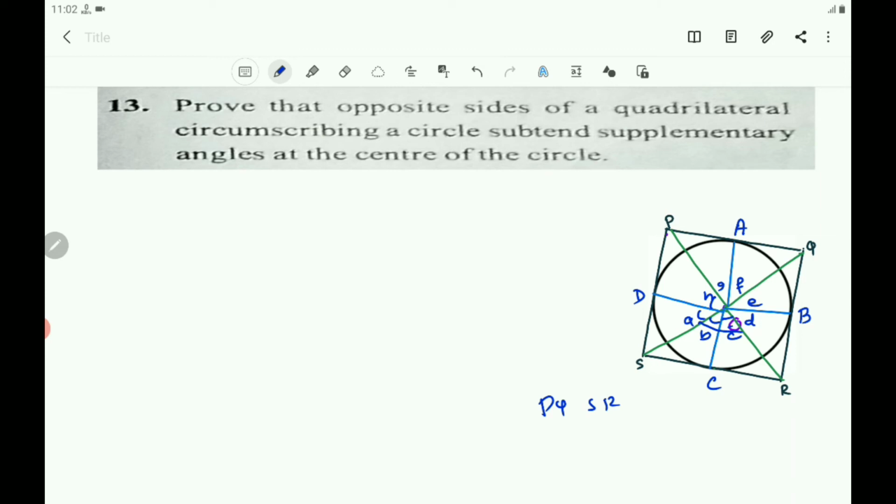We have to show that they are supplementary. Similarly, angle POS and angle QOR are supplementary. Means their sum is 180 degrees, that you have to prove.